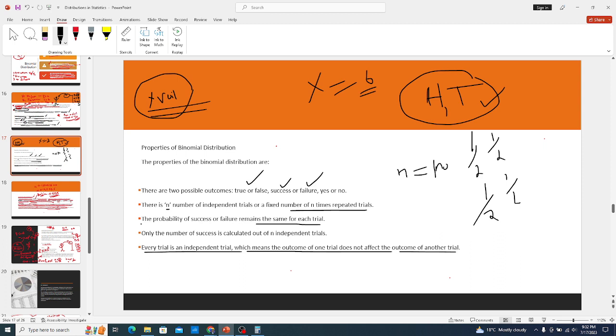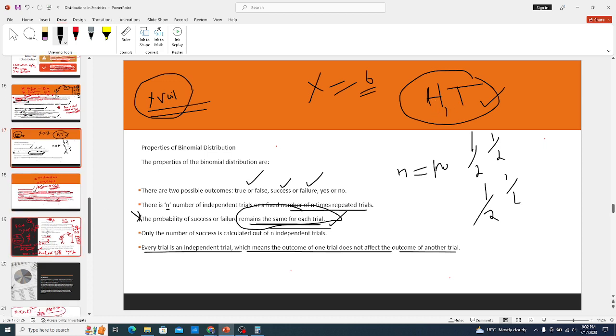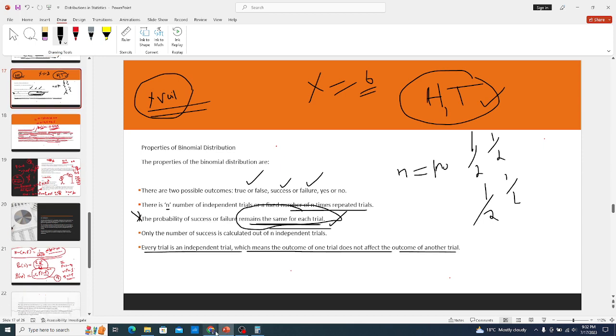The probability of success or failure remains the same for each trial. Like when you are tossing a coin, the probability of getting a head is half and the probability of getting a tail is half.